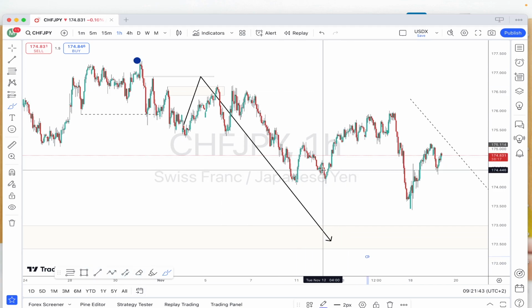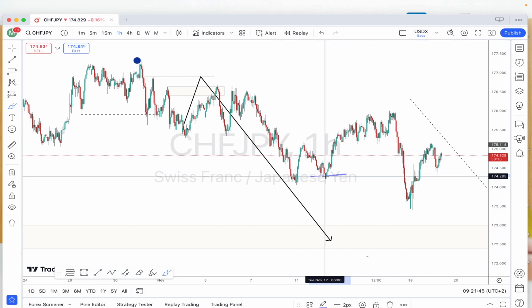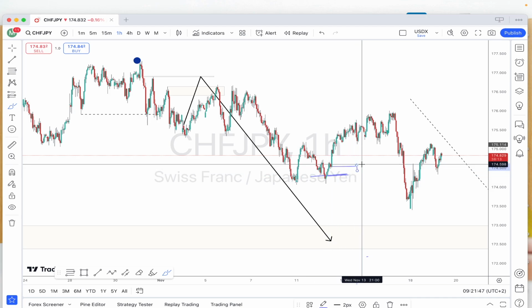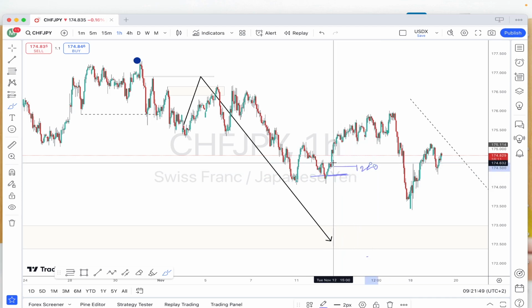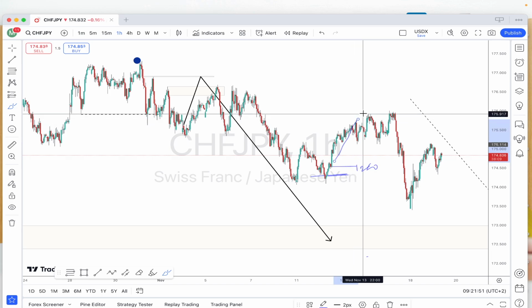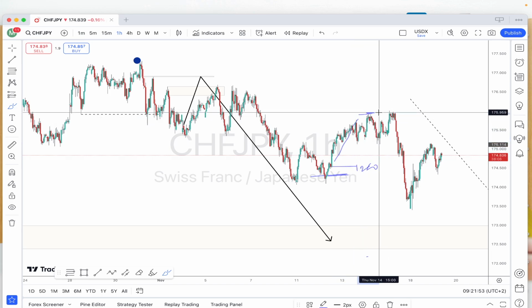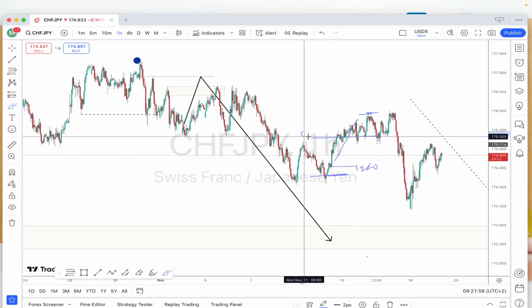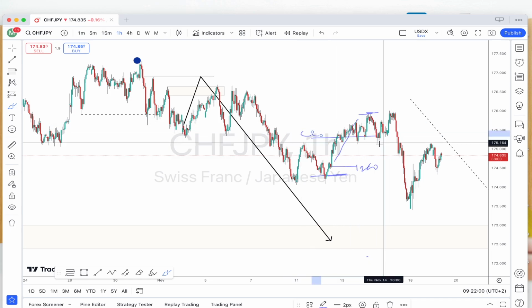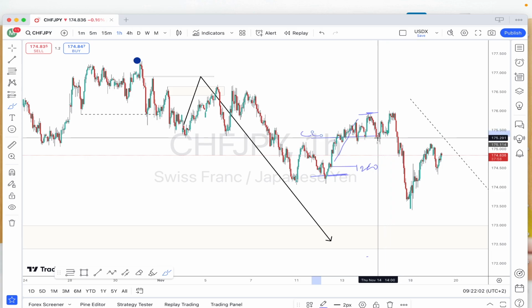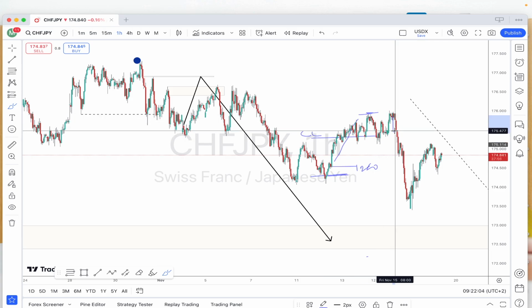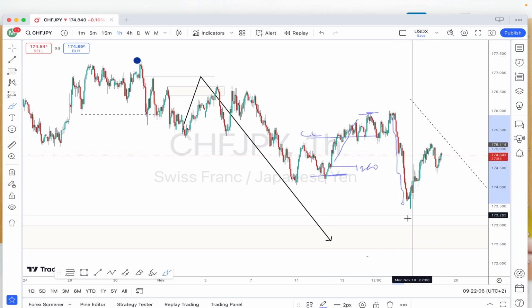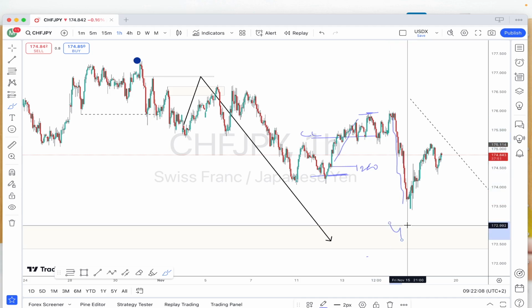So on CHF JPY, I was on a buy and I took it here on the EMA 50 on 15 minutes, and I held it until it came to this point. Then it started reversing on me and I closed right here. This is where I closed and took out my profit. Then it went back up the following day, and from there it started going down, because I was watching USD JPY.